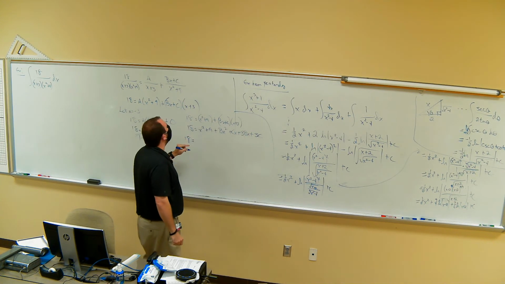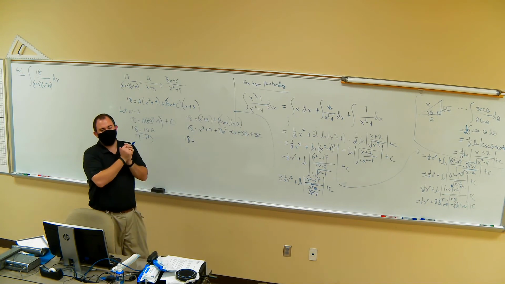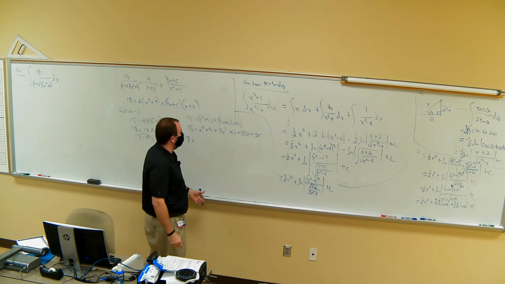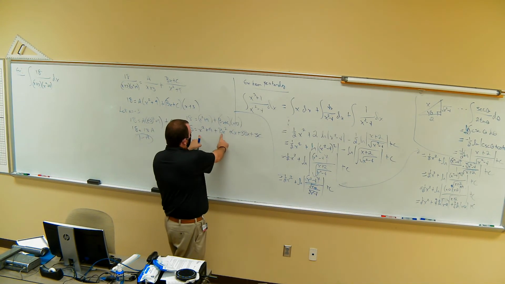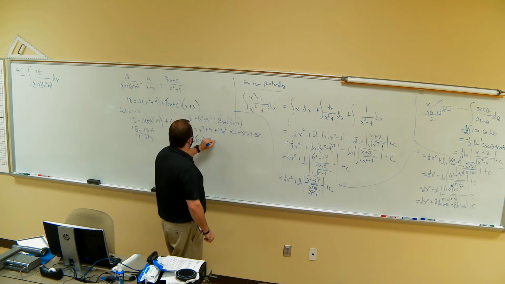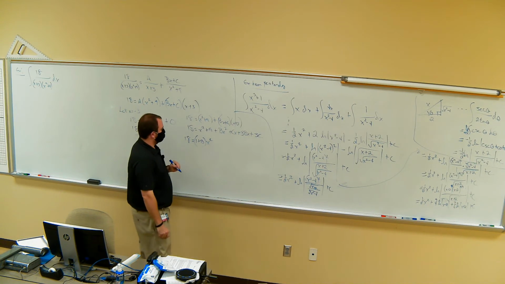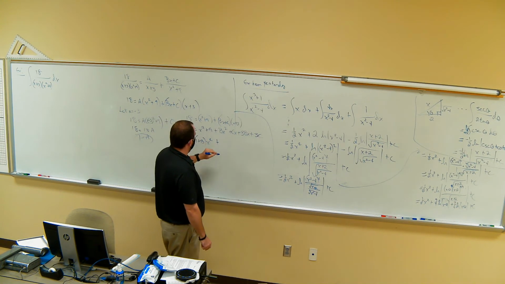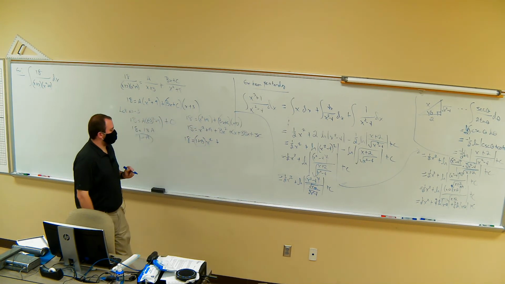So now I'm going to rearrange it and group my squares together, my linears together, and my constants together. So x squared, so 1 plus b x squared, right? Plus, you tell me, what's my linear piece going to be?